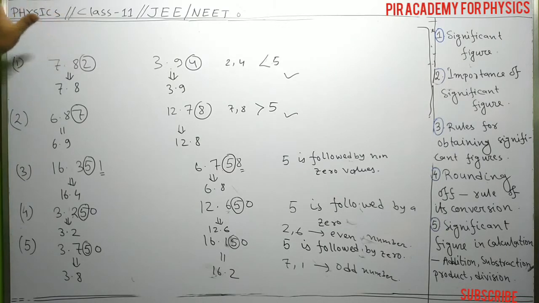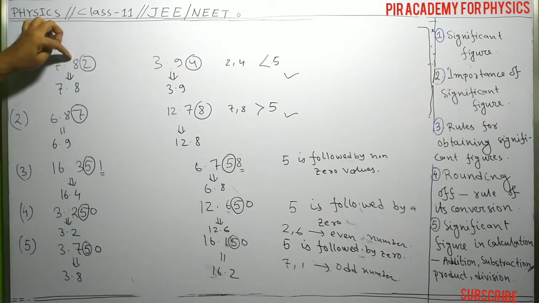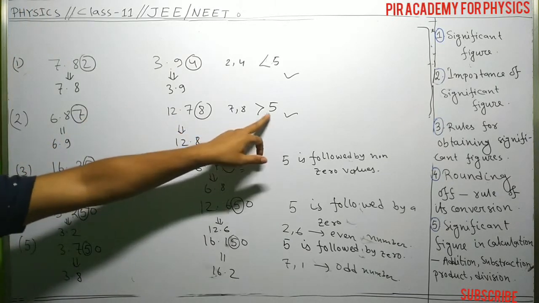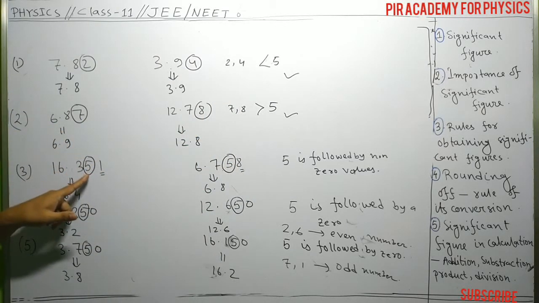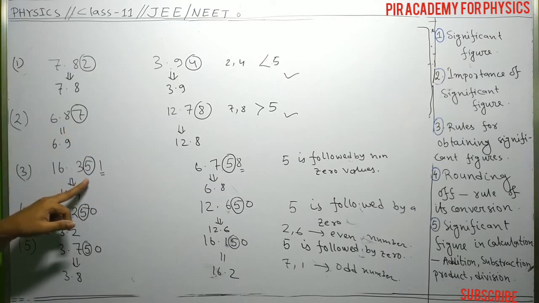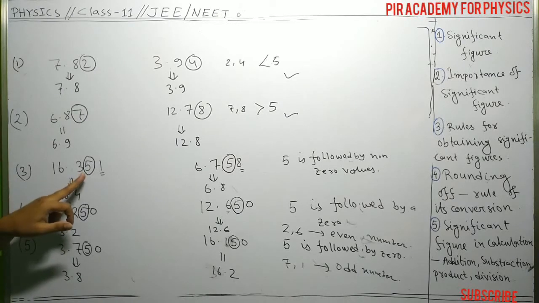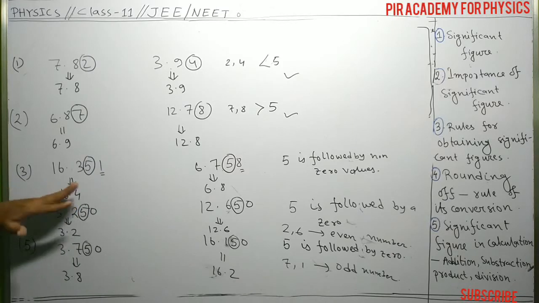Here, if you want to drop values which are less than 5, then the preceding number is unchanged. If you drop values which are greater than 5, then the preceding number is raised by 1. And if there is a 5, there are 3 rules. If you want to drop the 5 and it is followed by non-zero values, then the preceding number will be raised by 1.